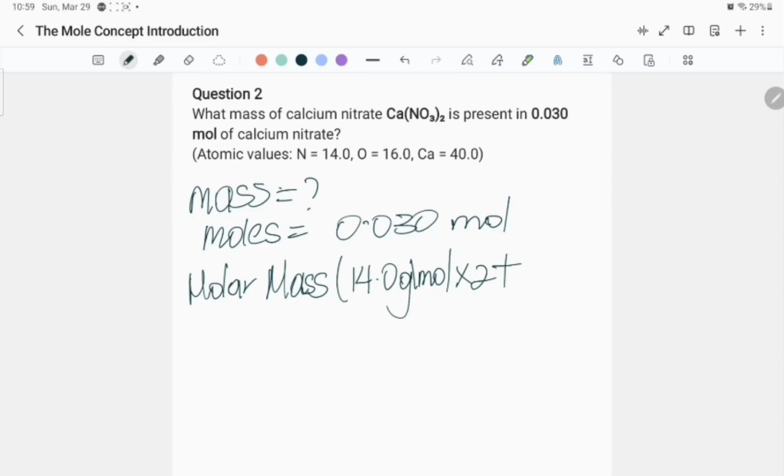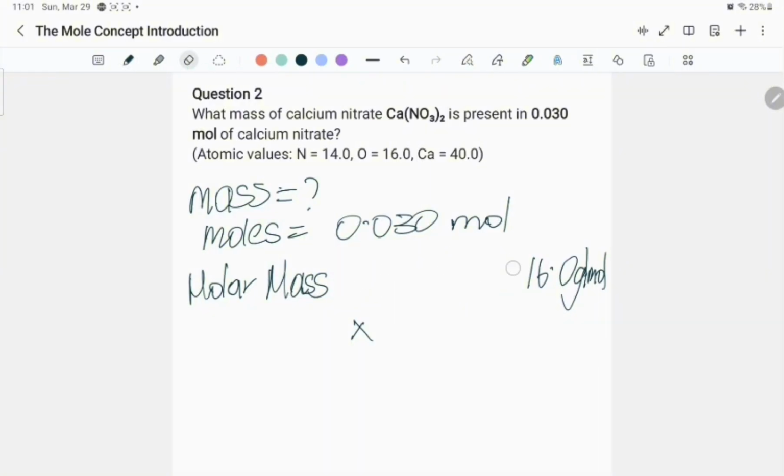Plus oxygen, which is 16.0 grams per mole, and there are 3. Okay, so let's make this more mathematically aligned.